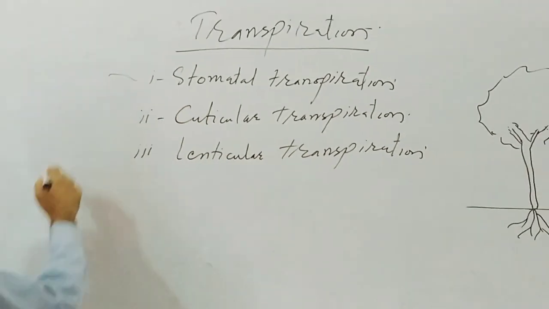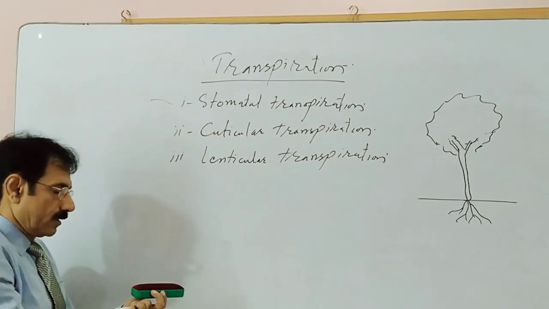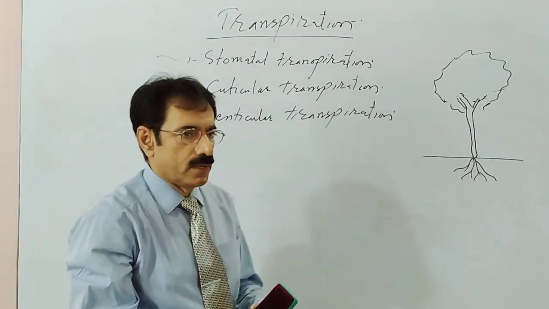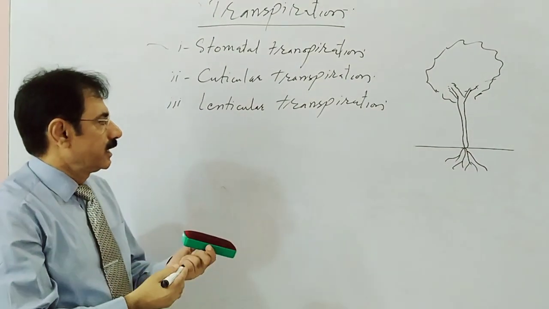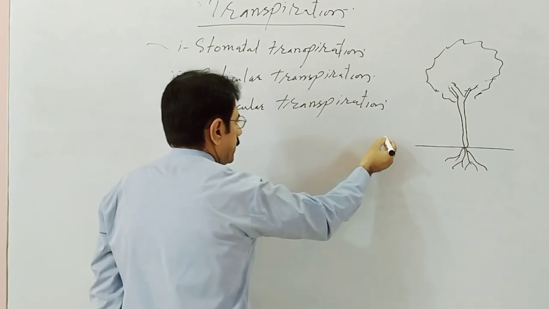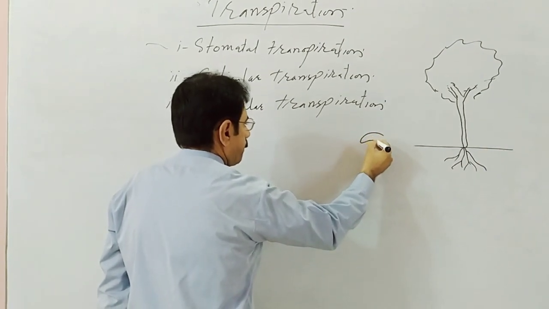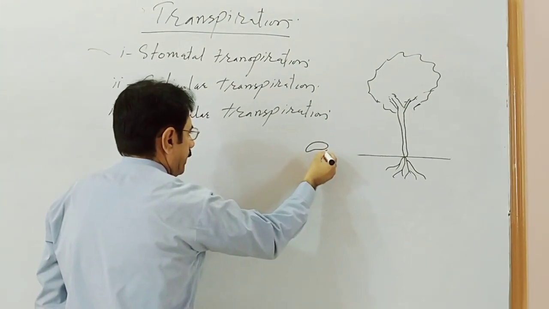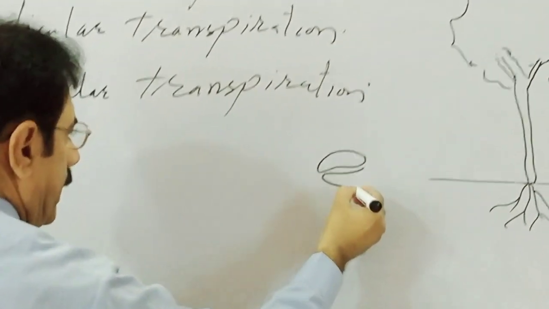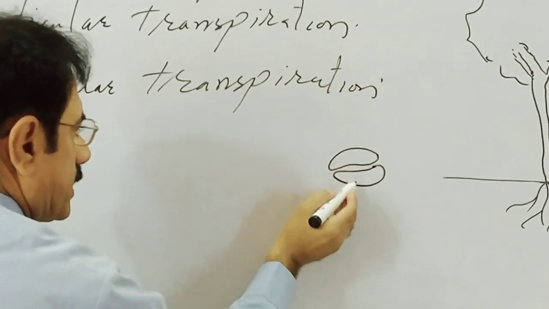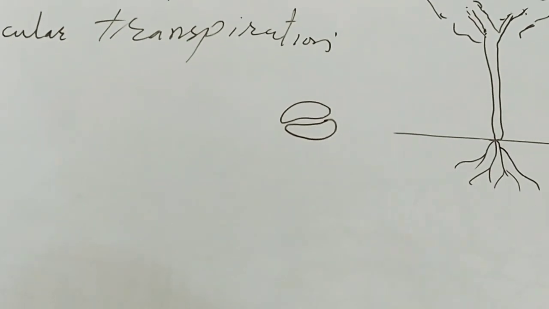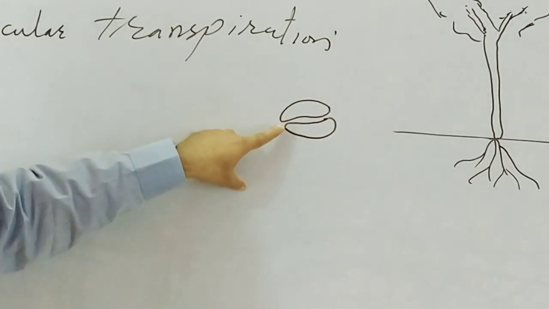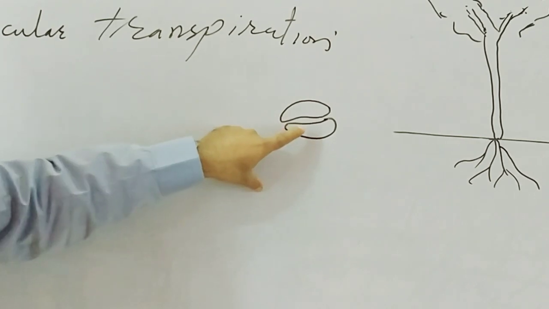Let us know about stomatal transpiration. Stomatal transpiration is the evaporation of water through the stomata of the leaves. We know the leaves, their epidermis at many places possess kidney-shaped guard cells that we discussed in the topic yesterday.